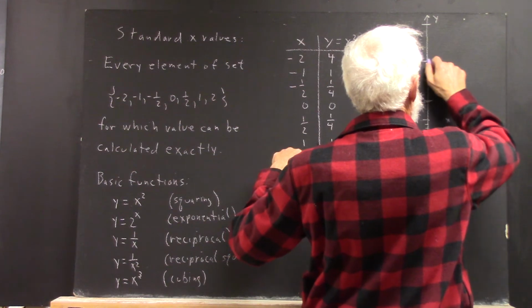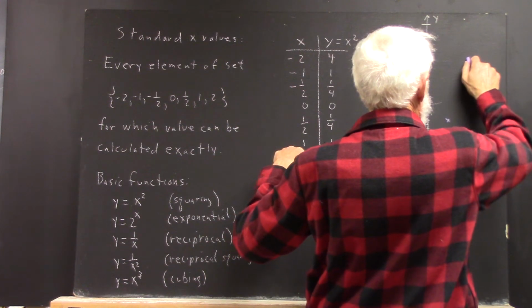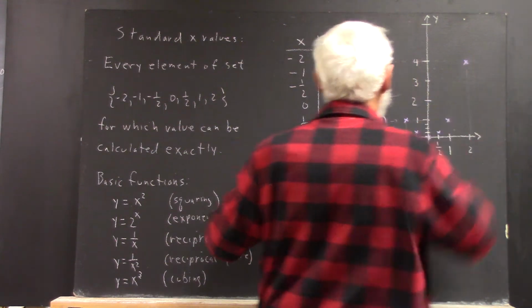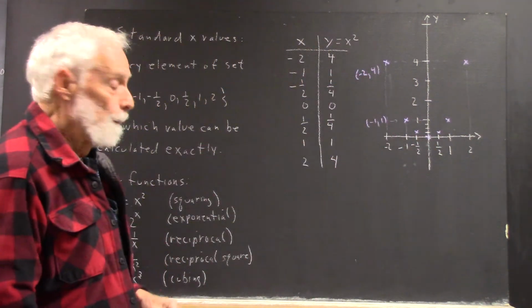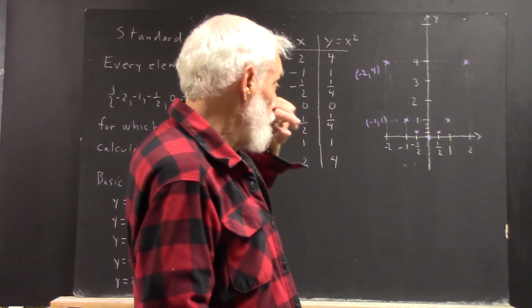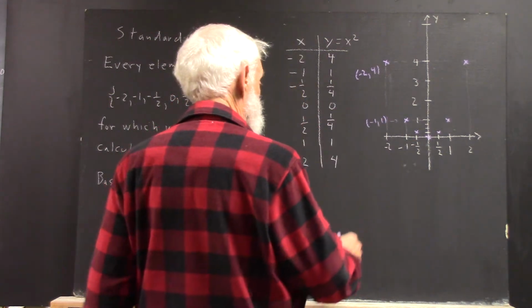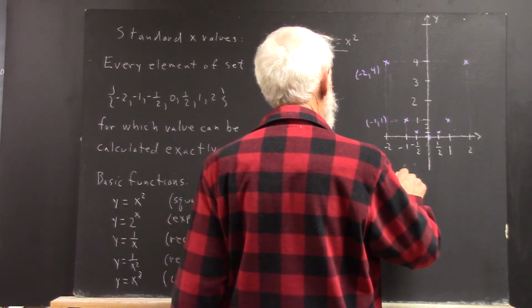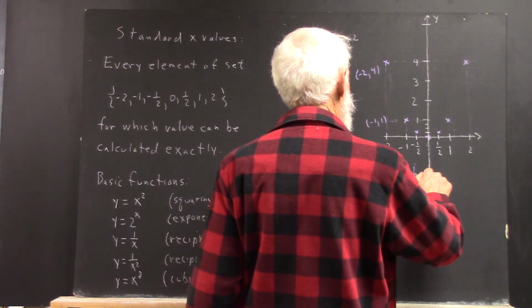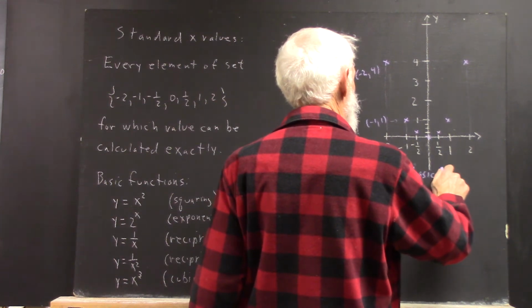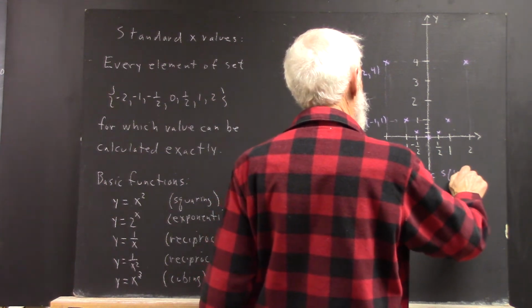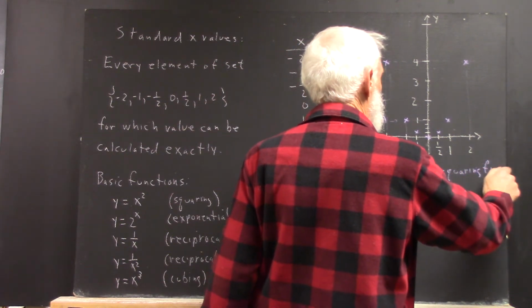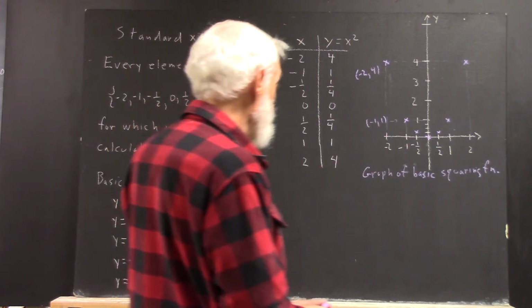We'll go ahead and extend this line across here, extend the line up here. The point 2, 4 is right about there. Okay? This is the graph of the basic squaring function. I have to abbreviate function, ran out of room there.